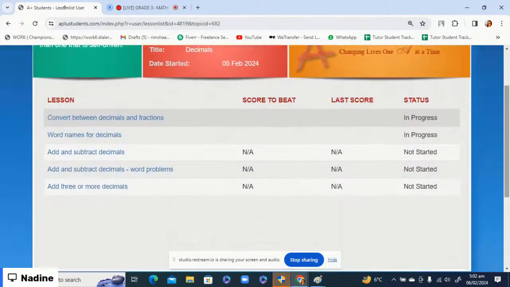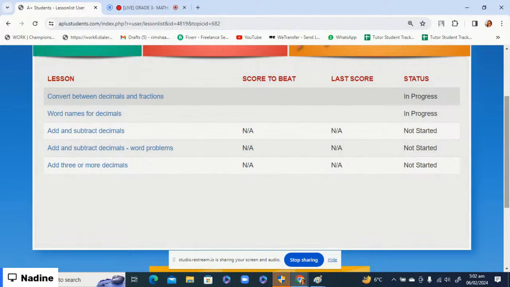Here are all the lessons related to this chapter: convert between decimals and fractions, word names for decimals, add and subtract decimals, add and subtract decimals word problems, and add 3 or more decimals. So these are all the names of lessons. So let's get started.